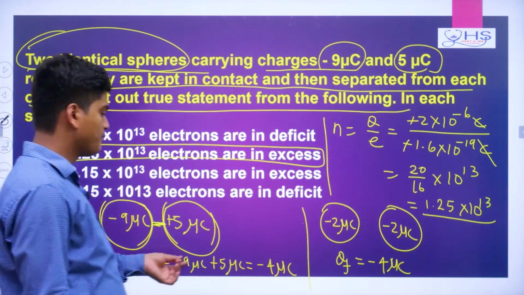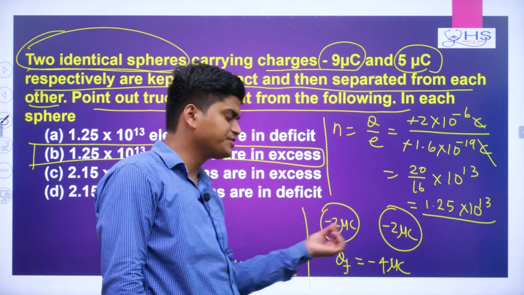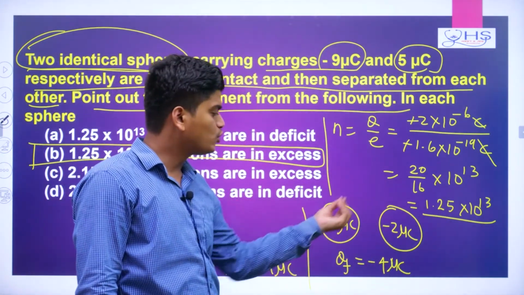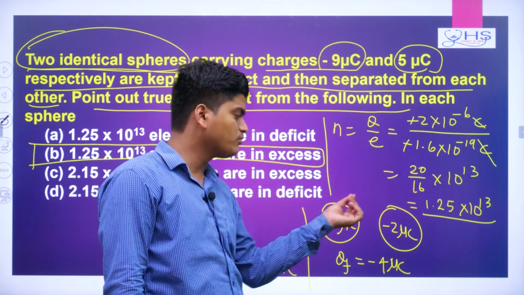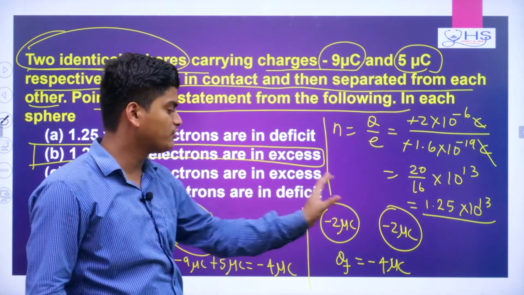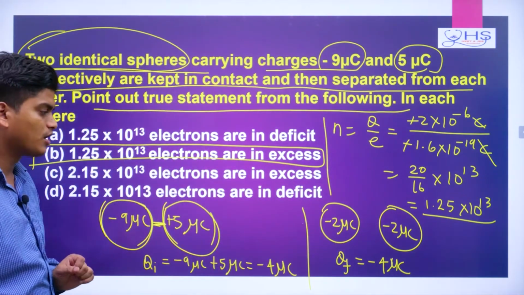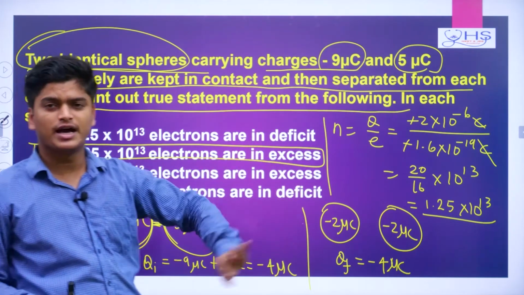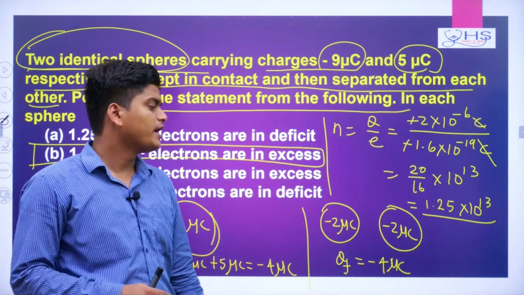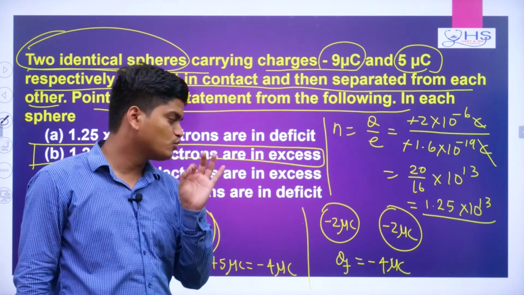Why excess? Because initially the charge is negative, so finally it should be negative, and the two spheres distribute the charge equally. Minus 2 microcoulomb on each makes a total of minus 4 microcoulomb. Q initial equals Q final is always correct for any charge system, because charge is always conserved.